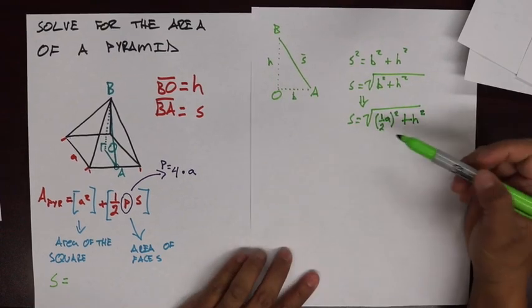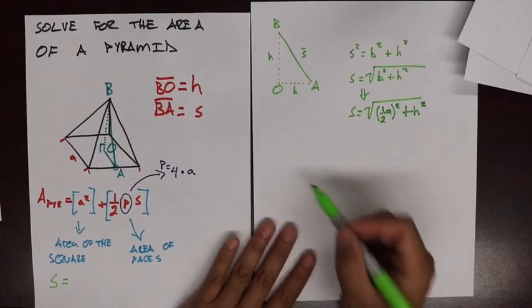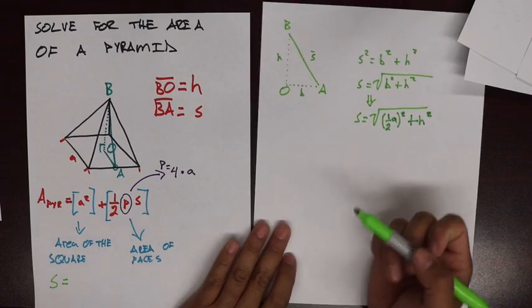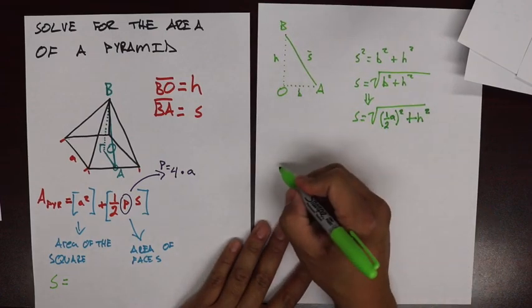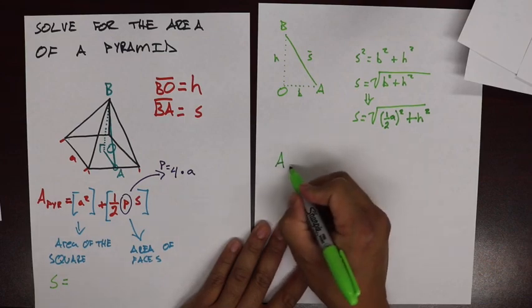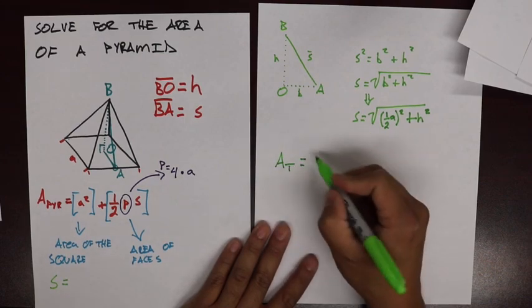That's what S is. Then we can take all of this value and plug it back in. Once you solve for S using these values, you plug it back in to your total area.